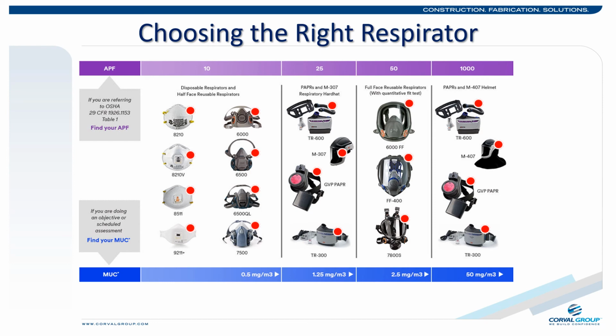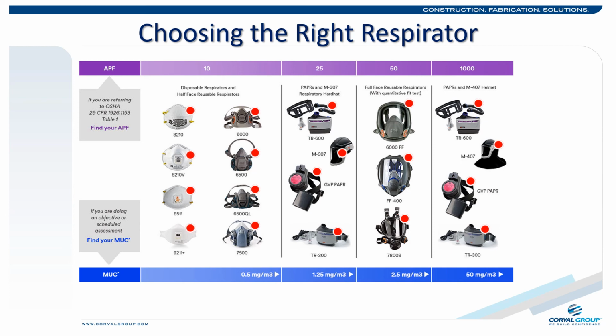If Table 1 indicates that respiratory protection with an APF of 25 is required, workers must use a loose-fitting powered air-purifying respirator, PAPR, at a minimum. Corval recommends the use of a half-face respirator when an APF of 10 is required, and a full-face respirator when an APF of 25 is required. It is important to note that Corval does not allow the use of disposable filtering face pieces.